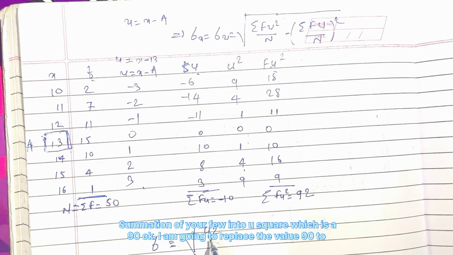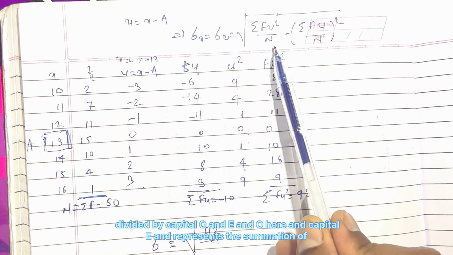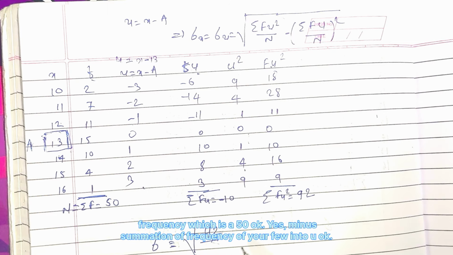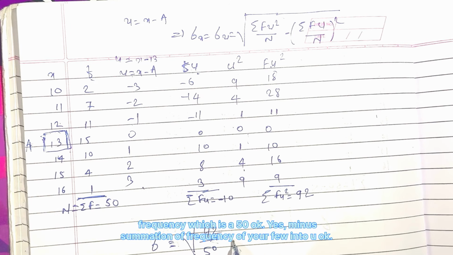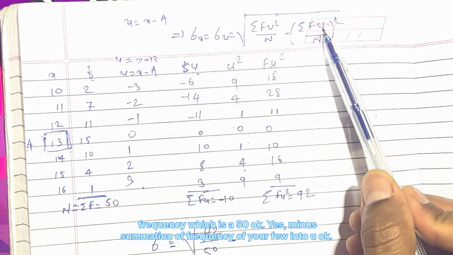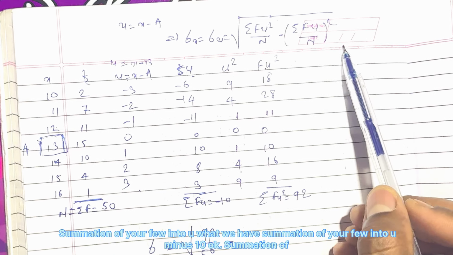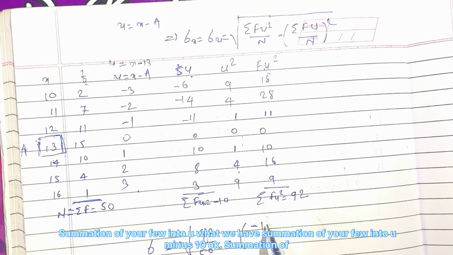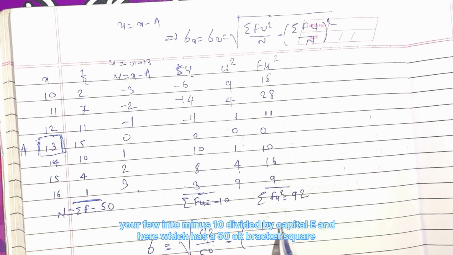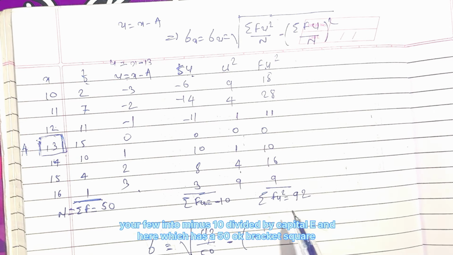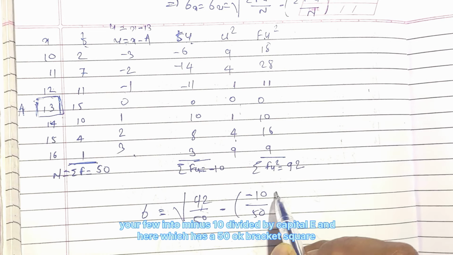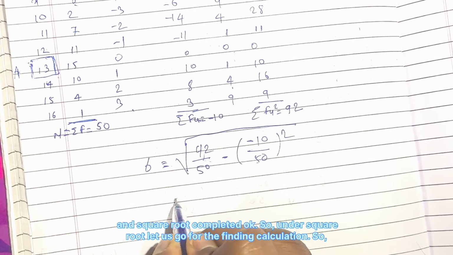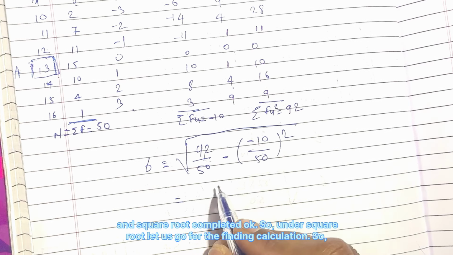I'm going to replace the value 92 divided by capital N, and capital N represents the summation of frequency, which is 50. Minus the summation of f into u, which is minus 10, divided by capital N, which is 50, bracket square, and the square root is completed. So under the square root, let's go for the calculation.